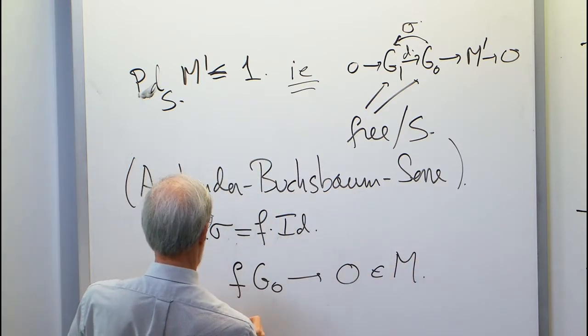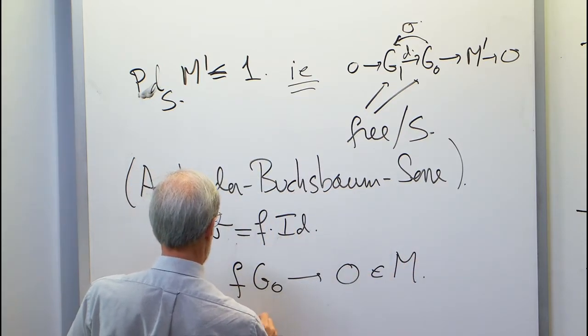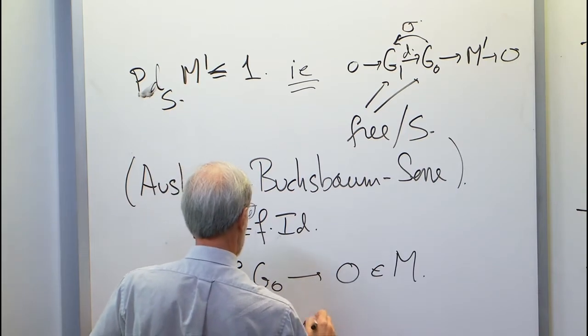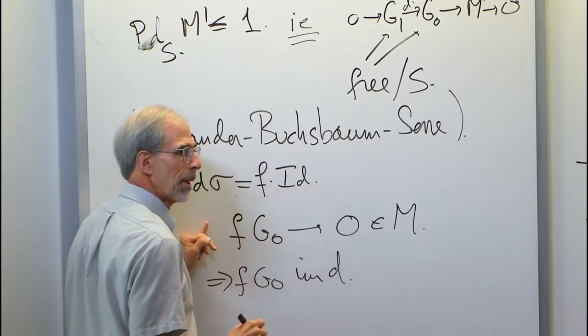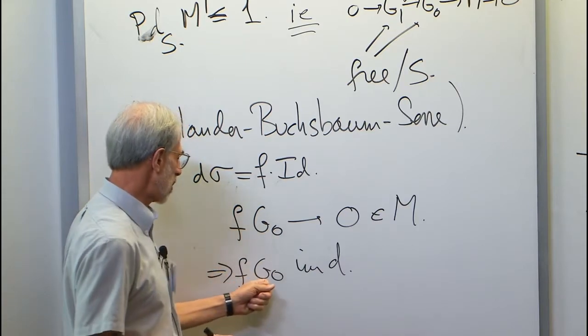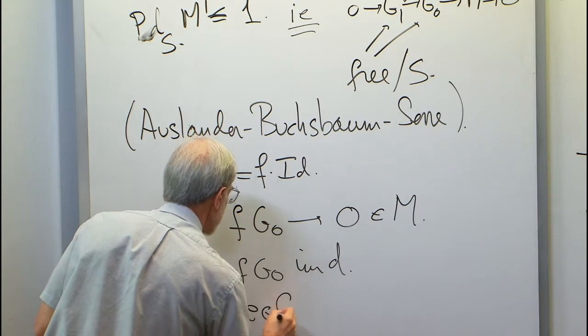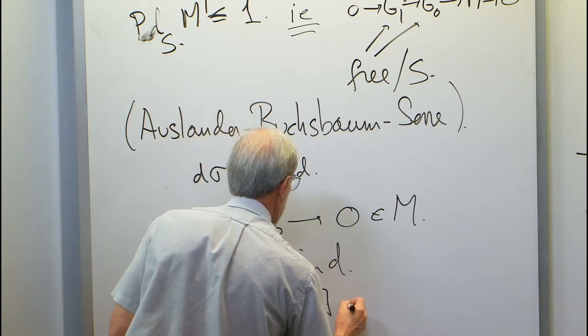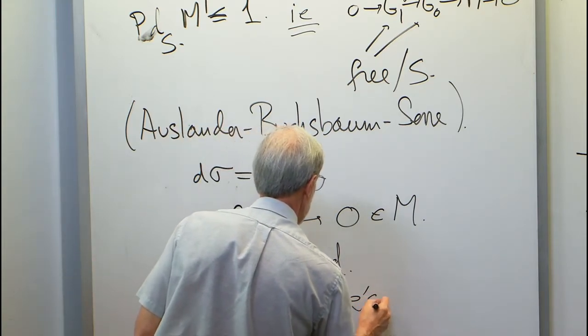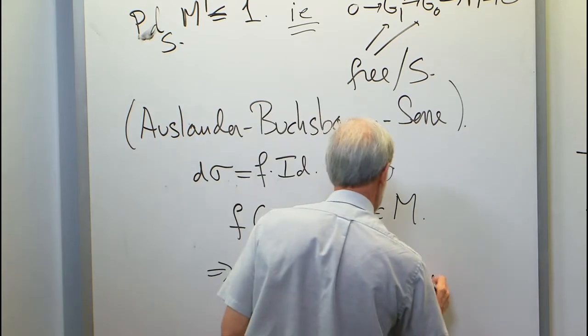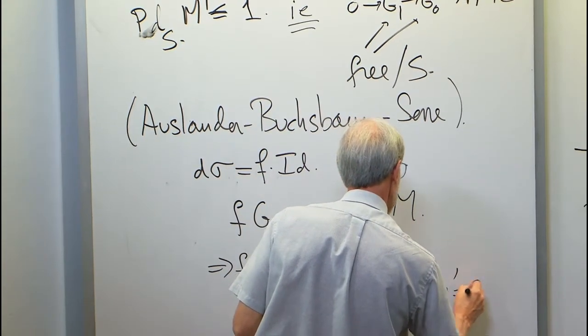So f times G naught is in the image of d. And therefore, if I choose a basis of G naught, so e in G naught, there exists e prime in G1 so that d e prime is e.